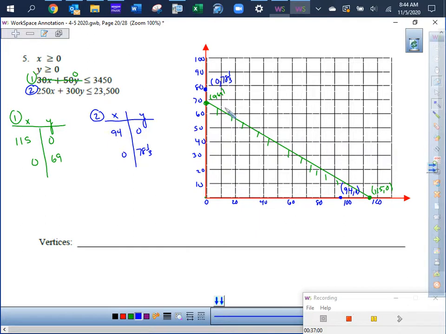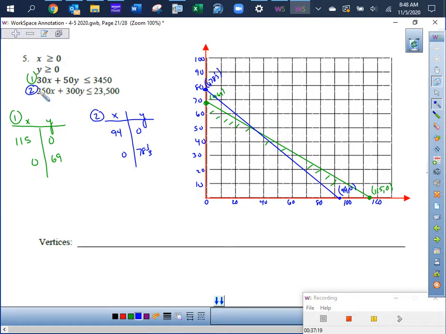Connect together. Because there's an equal to bar, we need a solid line. And then we'll go figuring out where to shade by testing a point.